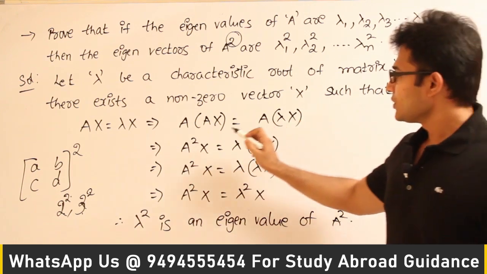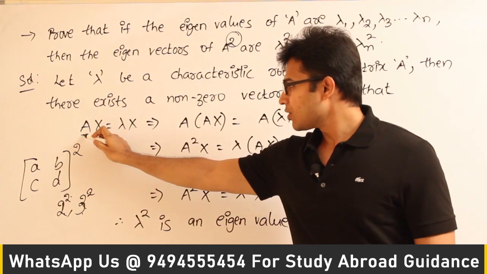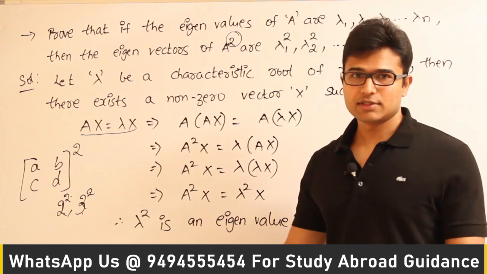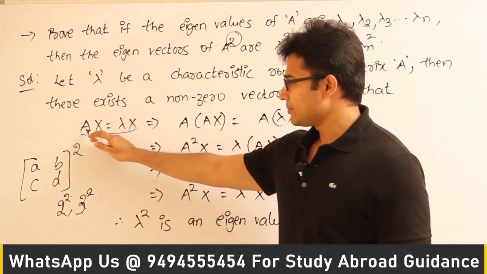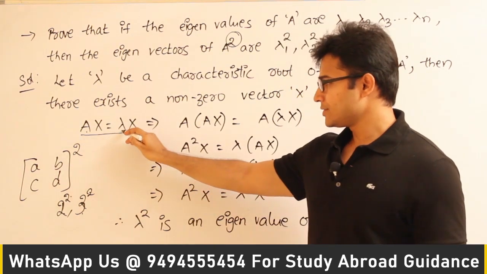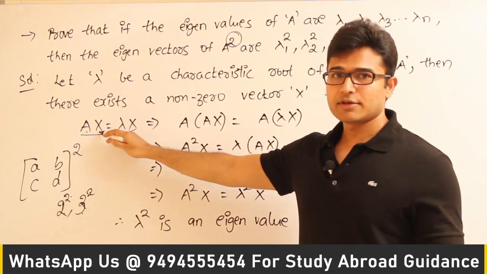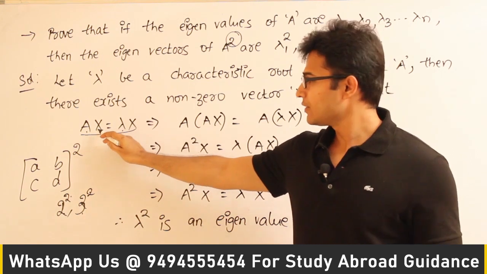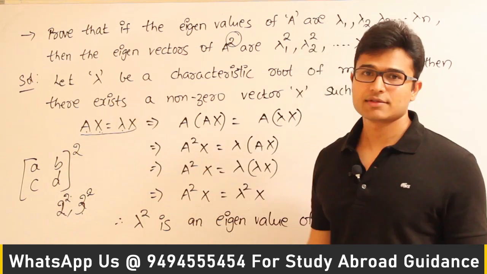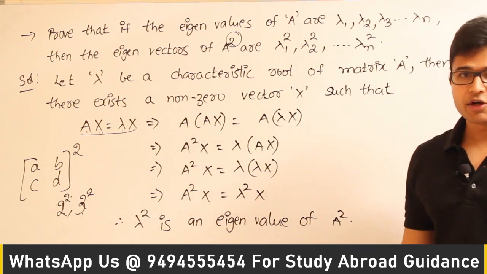Then we know this equation, A x equal to lambda x. If A is a matrix and lambda is an eigenvalue, and x is the eigenvector, then we can write Ax equal to lambda x. This is nothing new, we already know this.